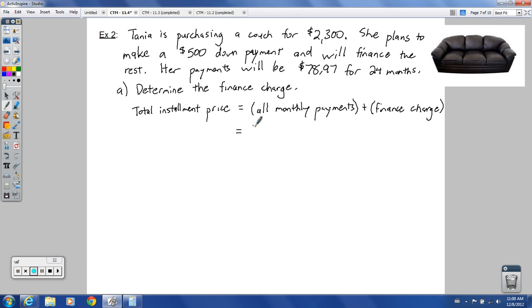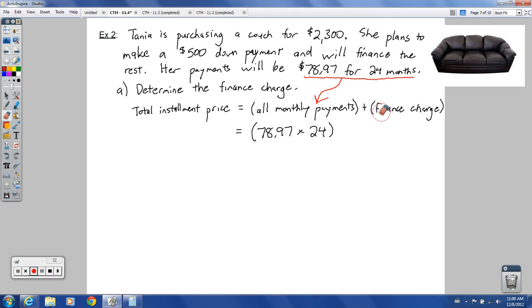So all the monthly payments will come out to $78.97 times the 24 months here. Let's underline this part in a different color and put a little arrow here. That's where those numbers are coming from. Finance charge, we are trying to figure that out.